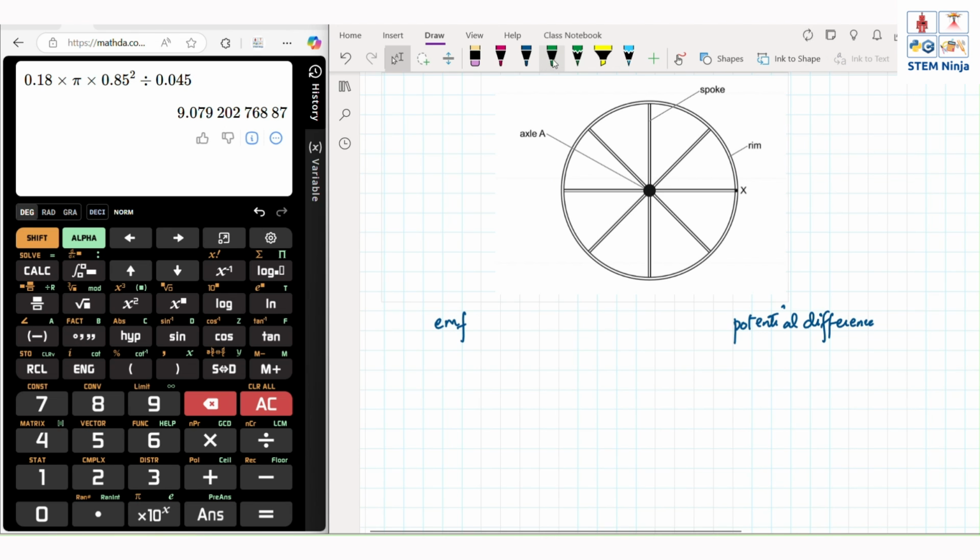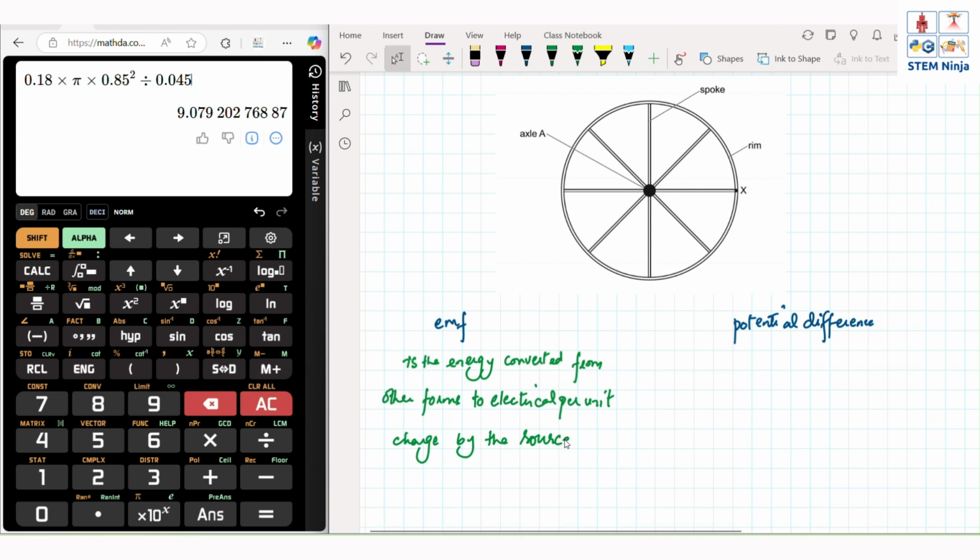So we know from AS that EMF is the energy converted from other forms to electrical, per unit charge, by the source, by the power source or EMF source.